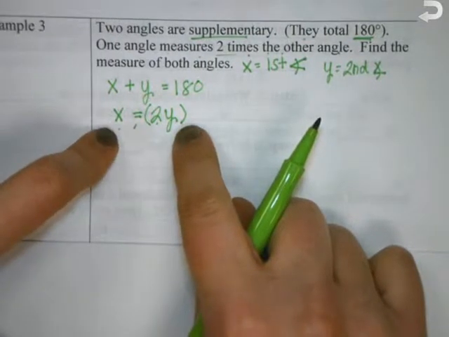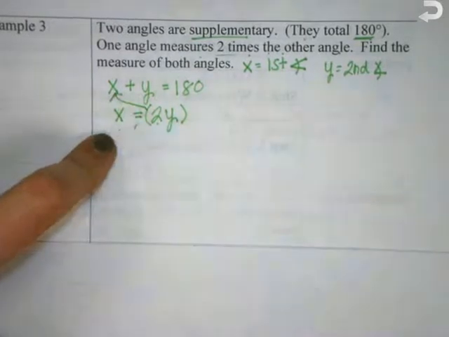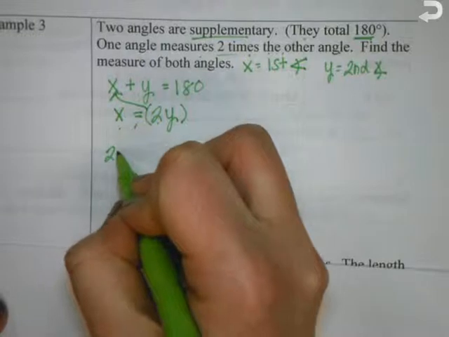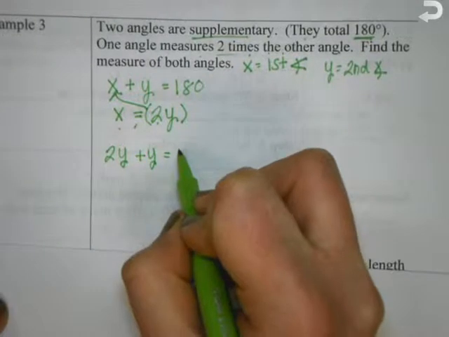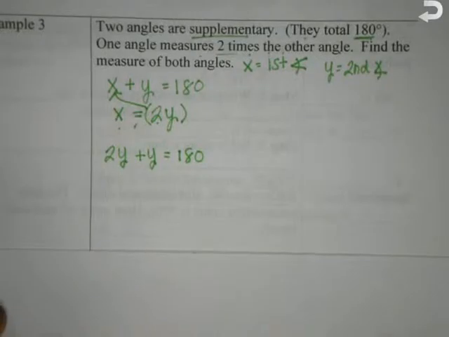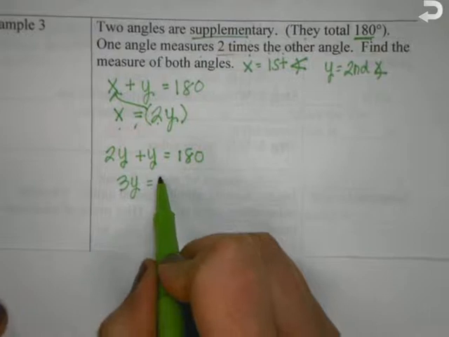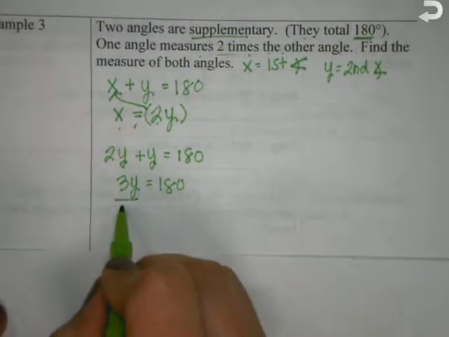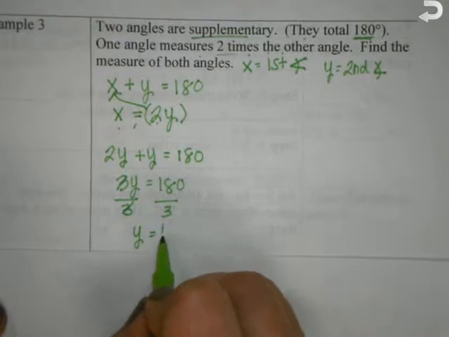So that's 2y plus y equals 180. So that is 3y equals 180. Divide by 3. Y equals 60 degrees. It is an angle, so we still have to put our units.